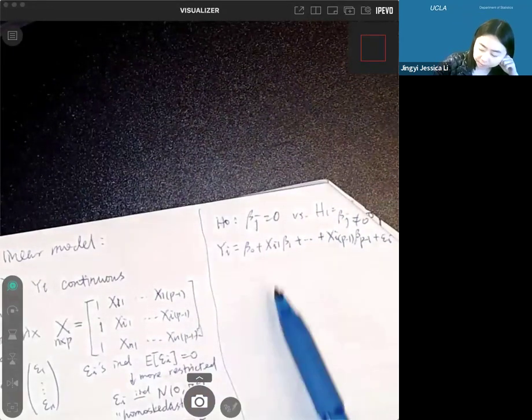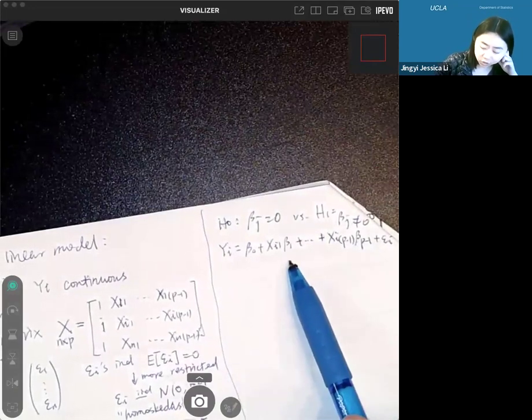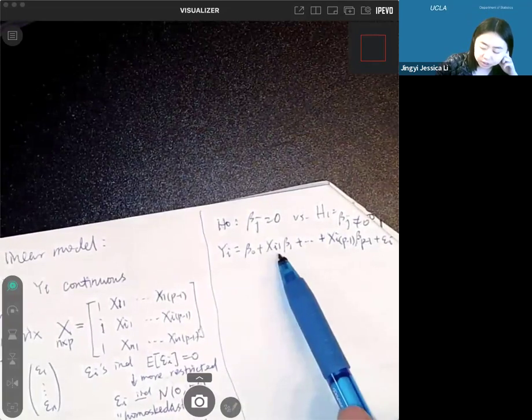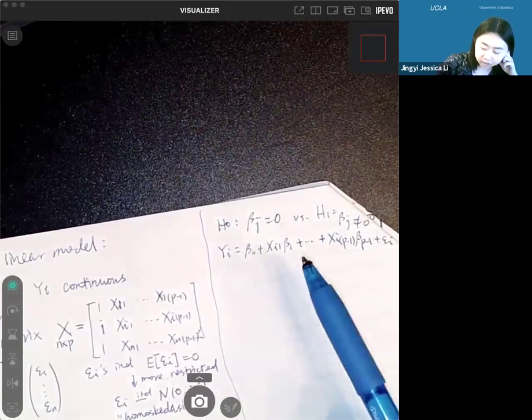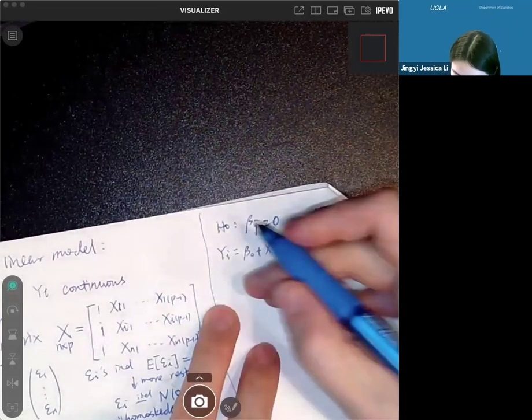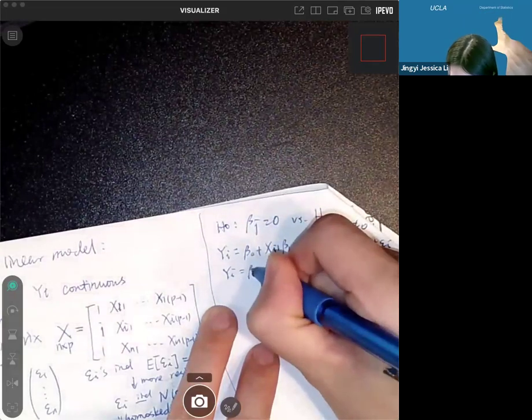So when you talk about beta j, for example, j being 1, beta 1, then you are talking about the effect of this first predictor in the presence of other predictors. It's not just the predictor alone. That's very different. It's not as if I just write y_i being beta 0 prime plus x_i1 beta 1 prime plus epsilon_i prime, where I only include one predictor.